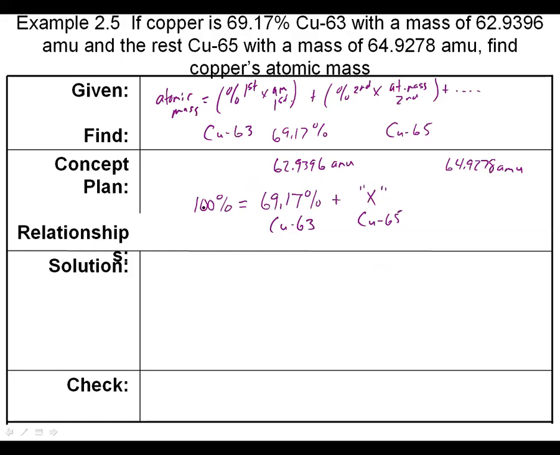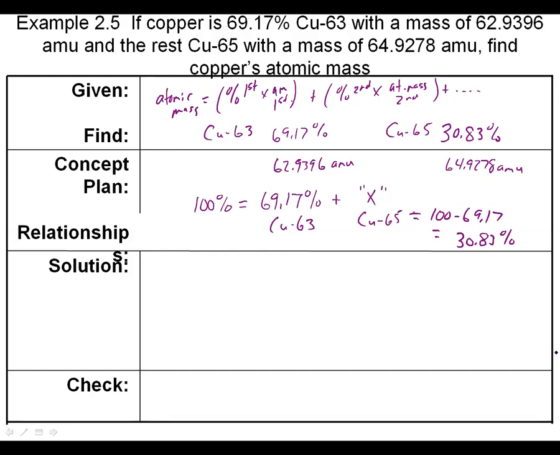Let's see. So 100 minus 69.17 gets us a percentage for copper 65 of 30.83%. So by assuming 100 there, we can figure out our missing percentage. So now we do have our missing percentage for our last isotope, which is 30.83. Any questions on that calculation so far?